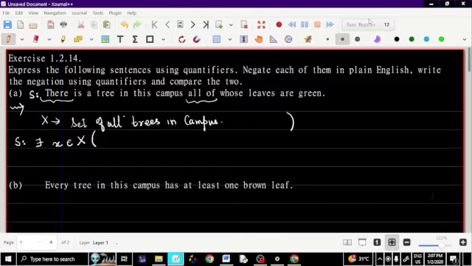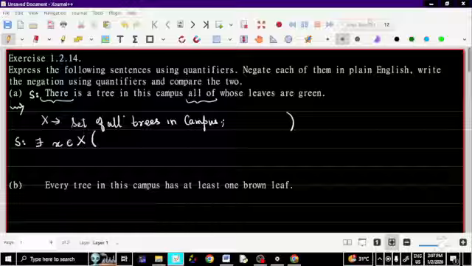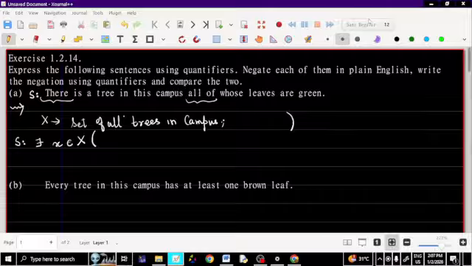Now this tree x is picked up. So now I have to figure out another set of context, that is all leaves on this tree x. There is a tree in the campus, this is done. All of whose leaves are green.